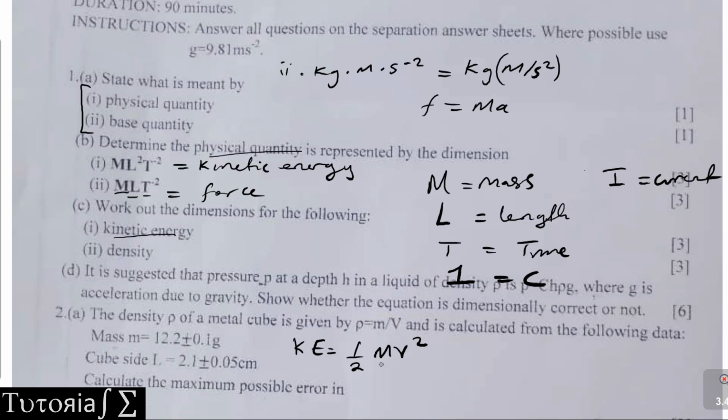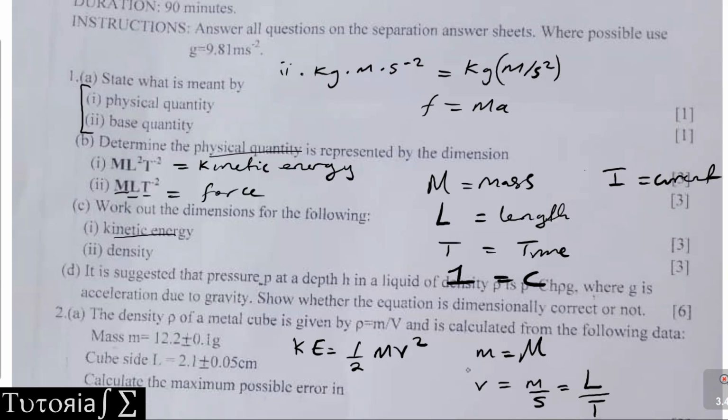M being the mass, so mass m equals capital M. V, velocity, is equal to meters per second, so meters will be L, second will be T. Second is time, so that will be L over T.